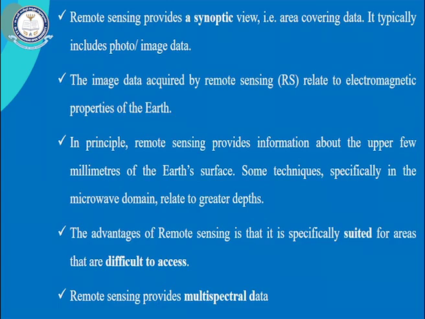And if you look at the advantages of remote sensing, it provides a synoptic view, meaning area-covering data. It also includes, as we already discussed, the photo, or we can also call it image data. Now, image data acquired by remote sensing relate to electromagnetic properties of the earth.